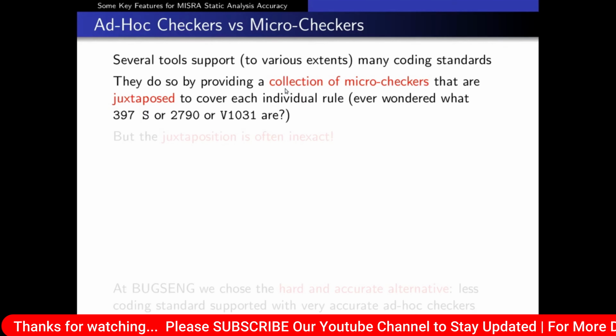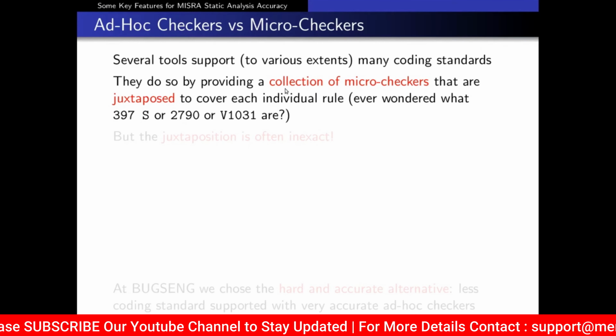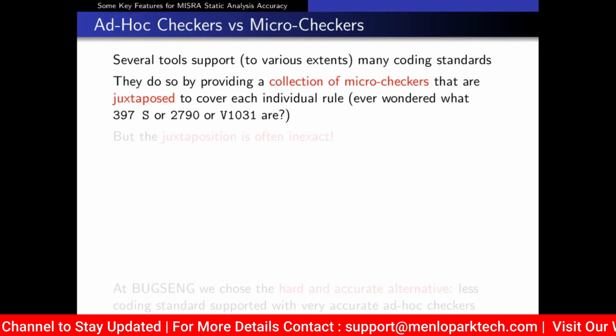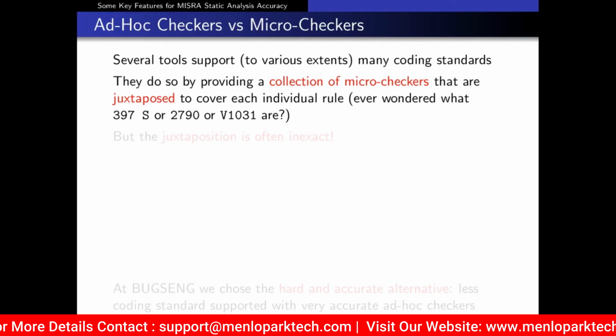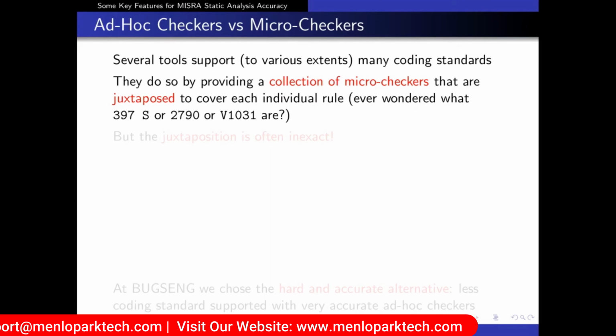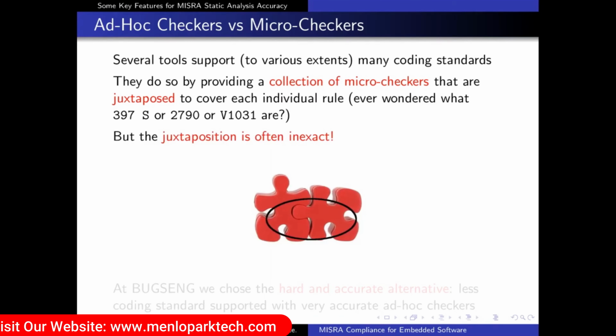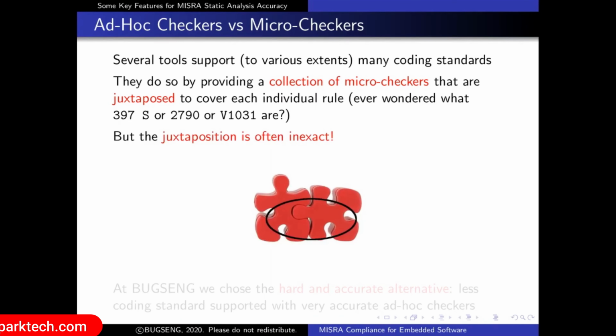What's the problem in this approach? The good thing, of course, is that you compose the microcheckers in different ways and you can cover more or less many different coding standards. The point is that the juxtaposition is often inexact. In the picture, you can see the two red pieces. You can think of them as microcheckers. They are combined to cover the oval shape.